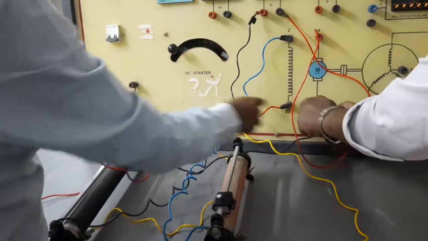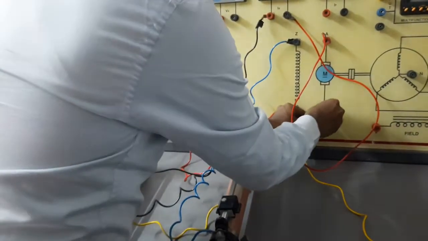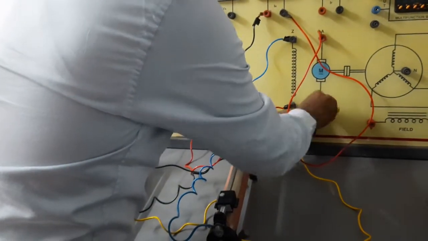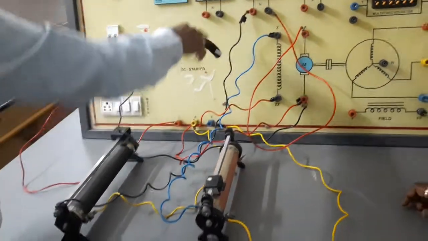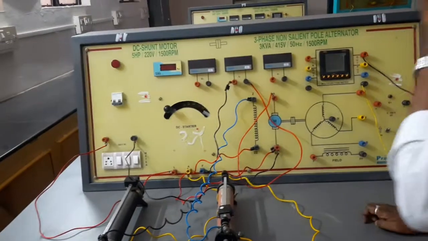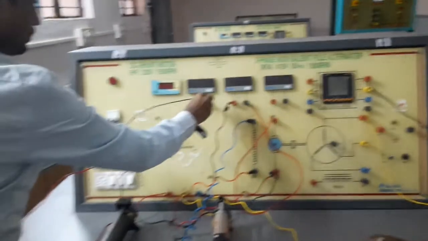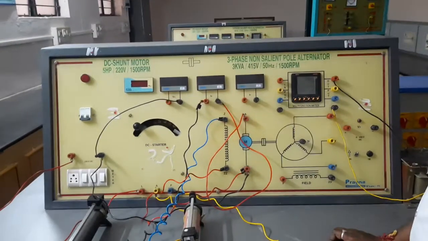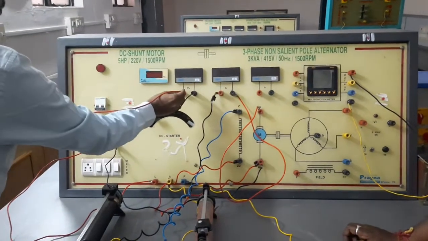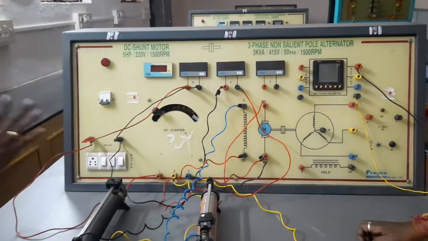Either you can connect here or here, all are the same points. So this is the field terminal connection, and the DC supply voltage can also be observed by connecting a voltmeter parallel to the supply. So this is the DC motor connection.